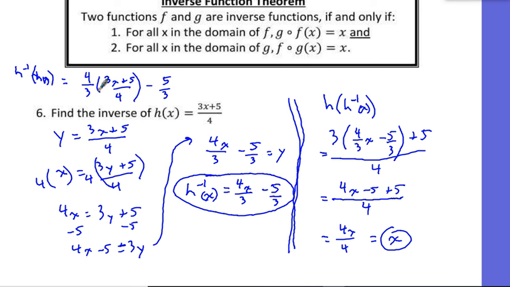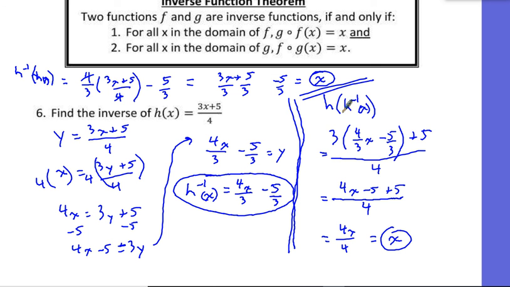When we multiply the first two fractions, the 4's will simplify, and so we will have (3x plus 5) all over 3 minus 5/3. In simplifying this, 3 divides by 3 to be 1, leaving me with x. The 5/3 minus 5/3 goes away to 0, so I have just x.